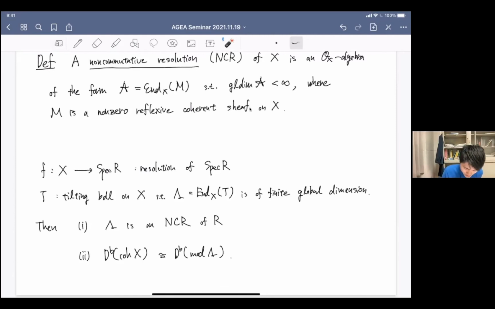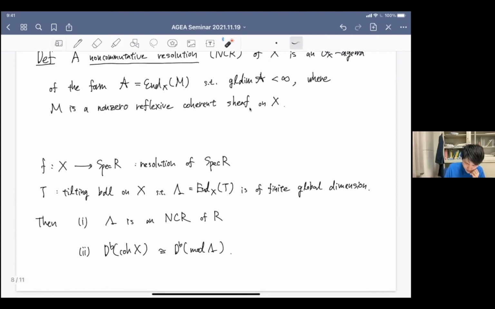So X can be seen as a commutative resolution. On the other hand, lambda is a non-commutative resolution of Spec R, and these are related by an equivalence between derived categories. And once we have this equivalence, we can study the derived category of coherent sheaves by representation theory of non-commutative rings.